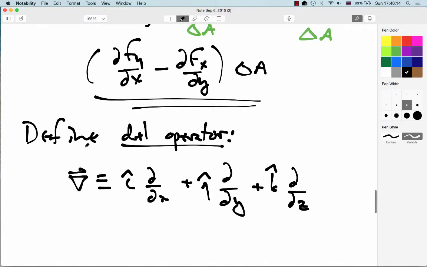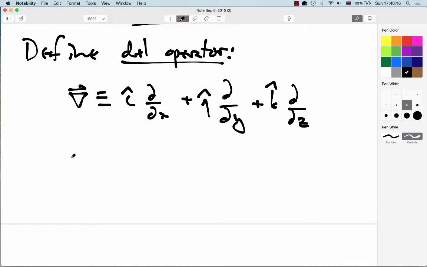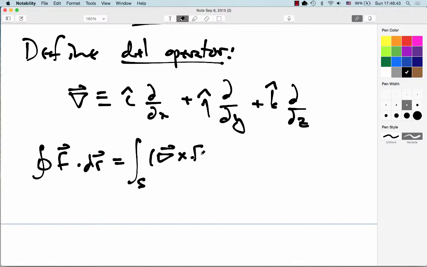So I did that in 2D, but our 3D generalization of this, so the general case, is going to be that our integral of f dot dr is going to equal this integral with an S here, so this is going to be an integral over our surface that's bounded by some path of del cross f dotted with n hat dA.